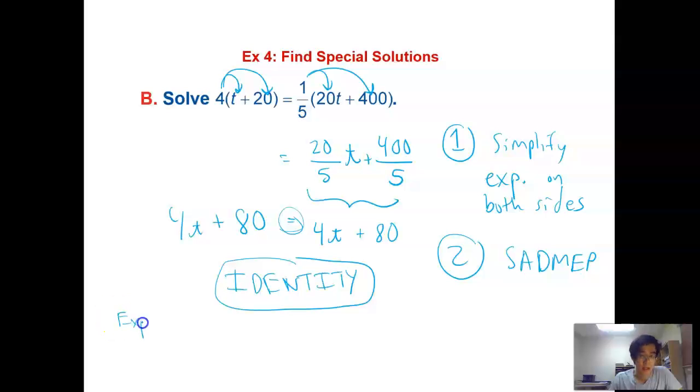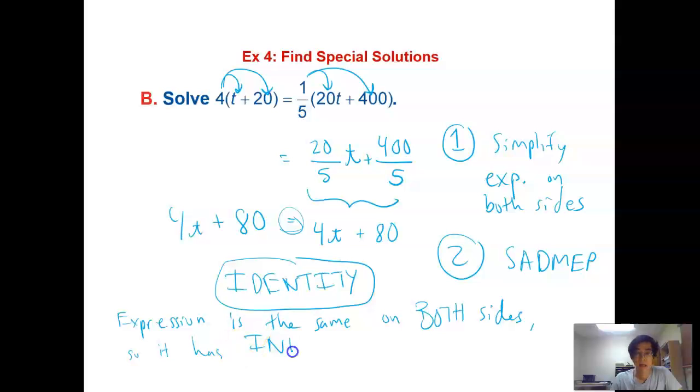An expression, okay, and write this down in your notes, is the same on both sides. Okay, so it has infinitely many solutions. Okay, infinitely many solutions. What does that mean?